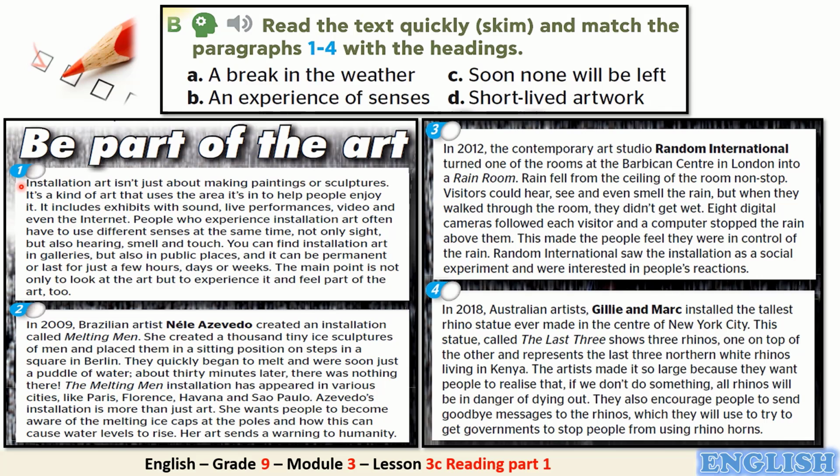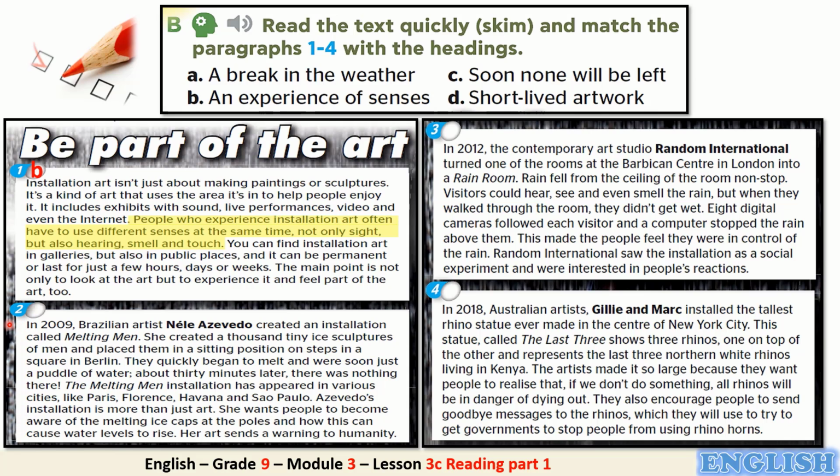What is the suitable heading for this paragraph? Excellent, my students. It's B, an experience of senses. Can you find a clue in the text to justify this answer? Very good, my students. It's here, in line 4, 5, and 6.